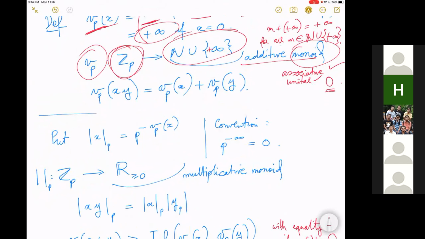In fact, it's a group under addition, but it's also a monoid under multiplication. So this v_p is a homomorphism of this multiplicative monoid into this additive monoid. What this means is that v_p of xy is v_p of x plus v_p of y for all x, y in Z_p. Okay. So that's the p-adic valuation. This is called the p-adic valuation.